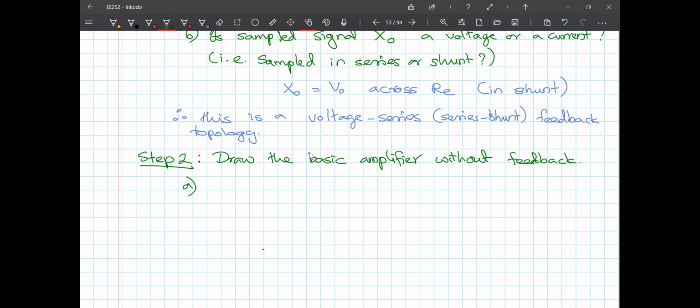Okay, so to find the input circuit without feedback, what we are going to do, one, set V out equal to 0 for voltage sampling.